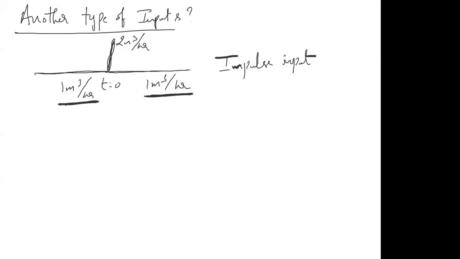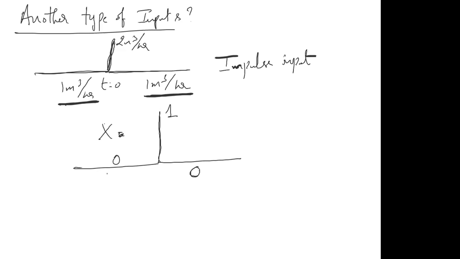Let's take impulse input. How do you represent this impulse input? If I represent this in the form of capital X, it is 0 and at time t equal to 0, it suddenly goes to 1 and comes back to 0.